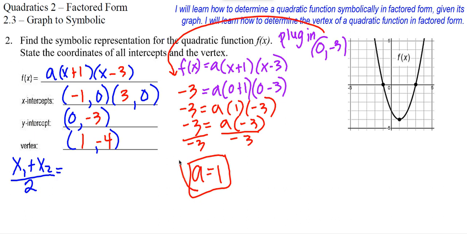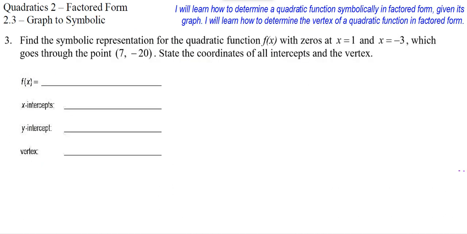Then I will go all the way here. Because my a is positive 1, that means I don't have to write anything in there. Right? So it's just an x plus 1 and x minus 3. Or you can write a 1 in there, but that doesn't really mean anything. Like, there's already a 1 in there, even if we don't show it. Okay? So that's done. Number 2. Number 3.